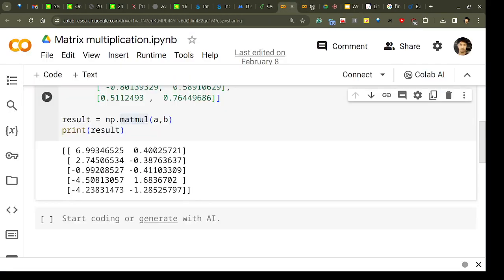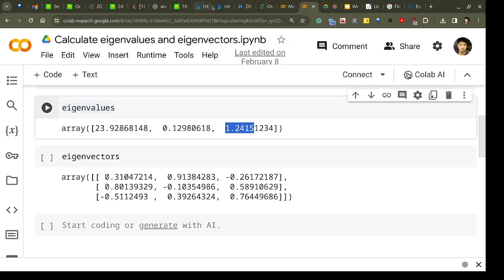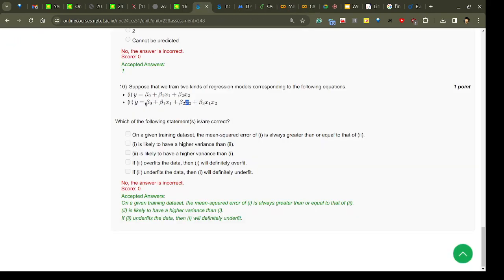That can happen in this case. In the second case it is more likely, because it is more complex and will be able to fit the training data in a better way, right? So if we change the training data, that can drastically affect this model, but not that much the other one. So the variance is higher in the second.